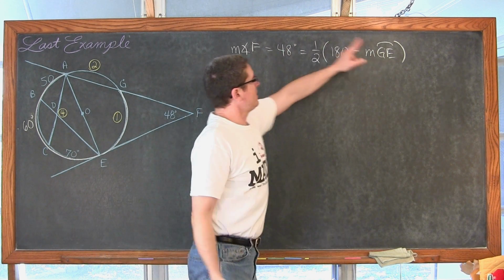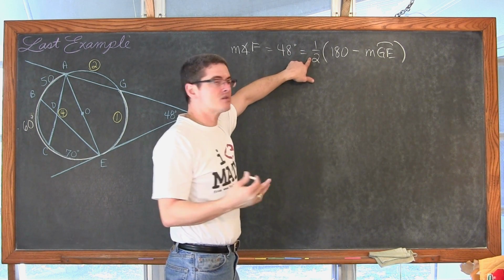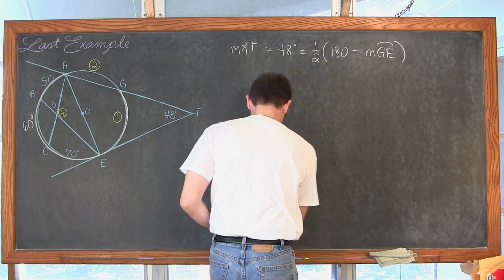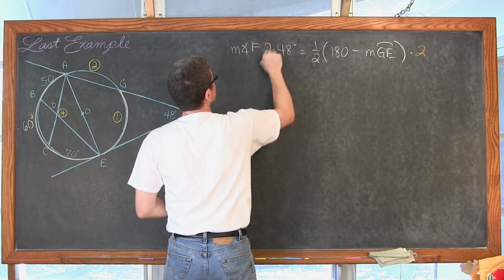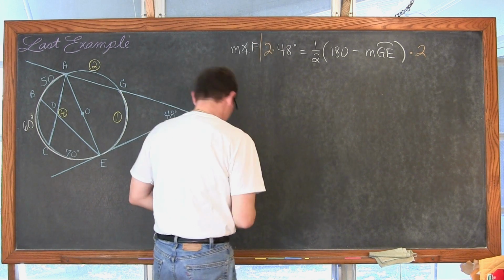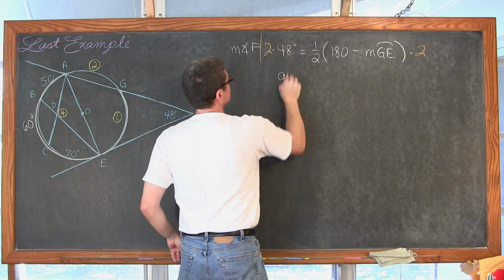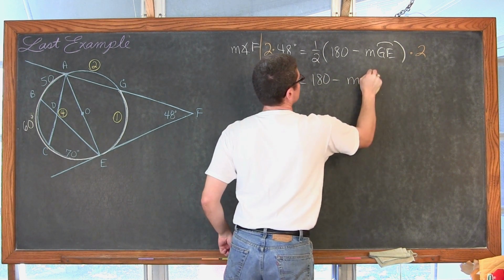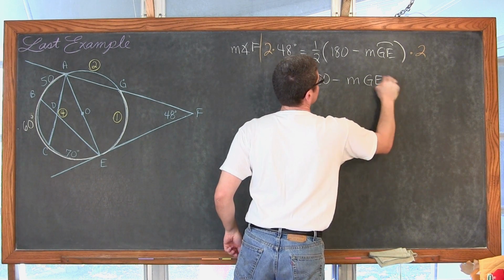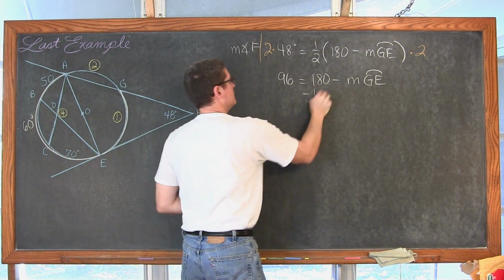We're going to multiply both sides by 2 to undo this multiplication of 1/2. We're going to get 96 is equal to 180 minus the measure of arc GE. We're going to subtract 180 from both sides.